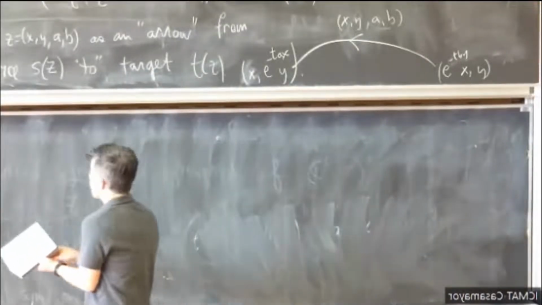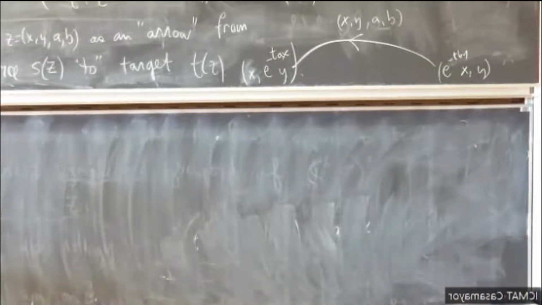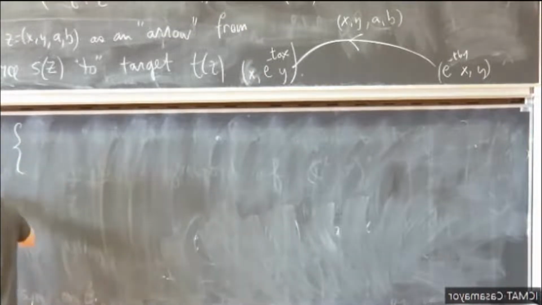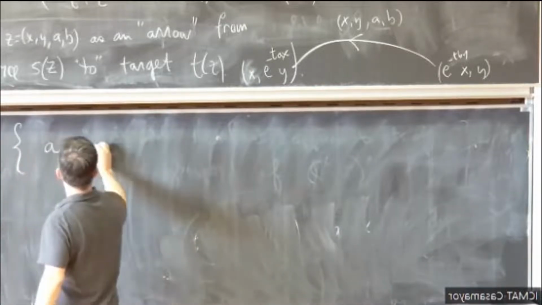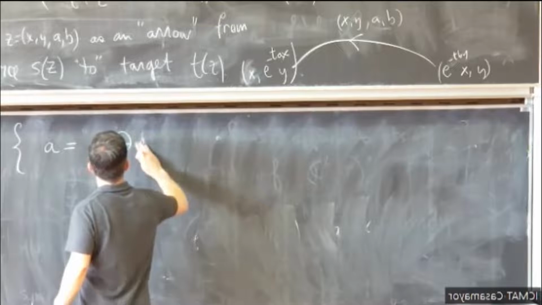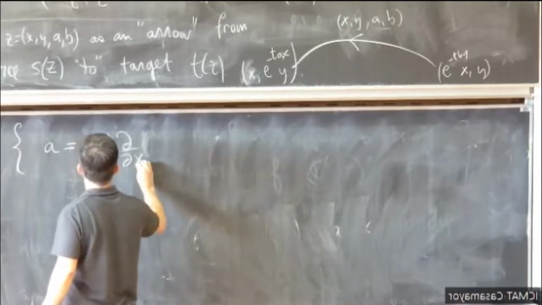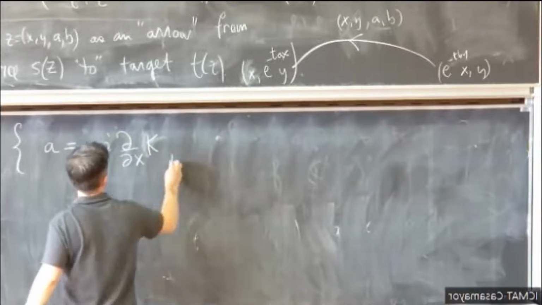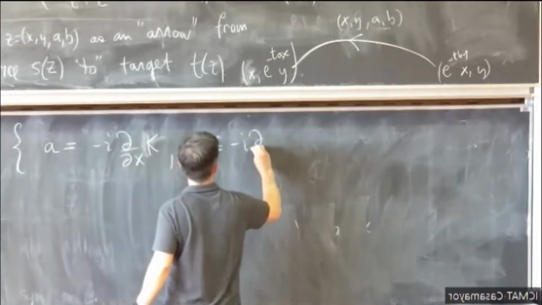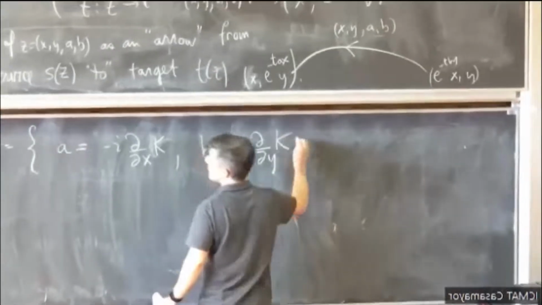And so in other words, we would have that L is defined by the conditions that A is minus i ∂/∂x of k, and B is minus i ∂/∂y of k.